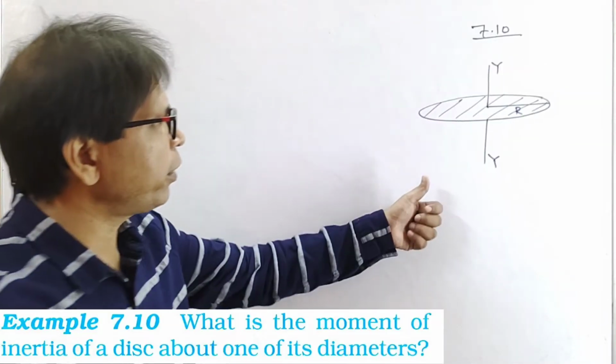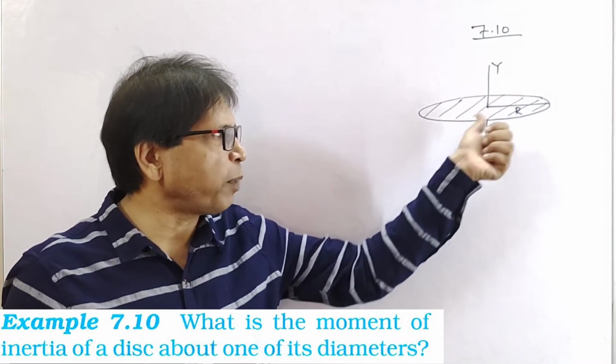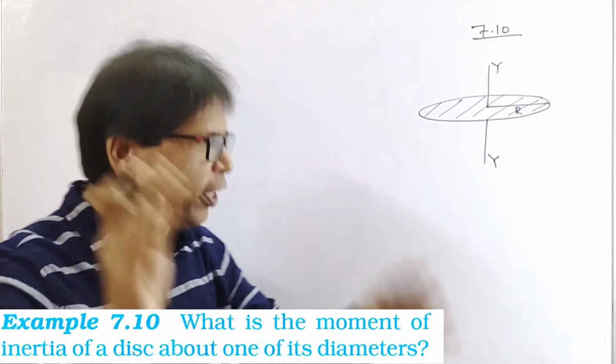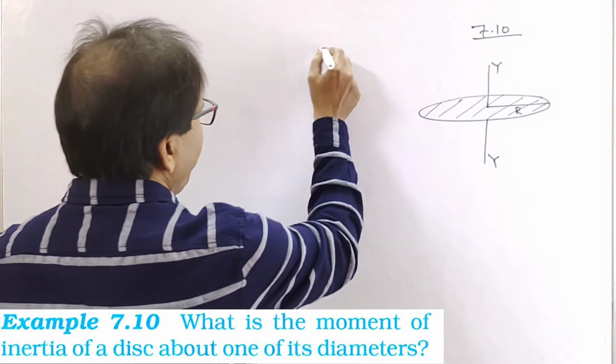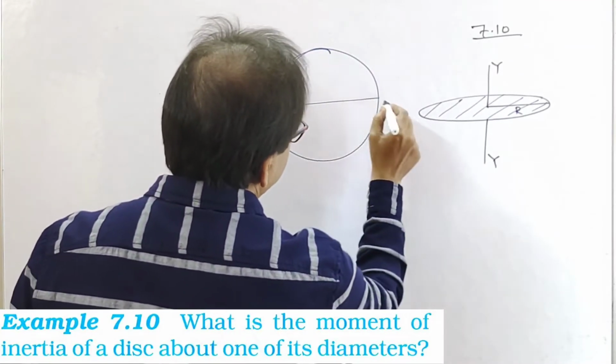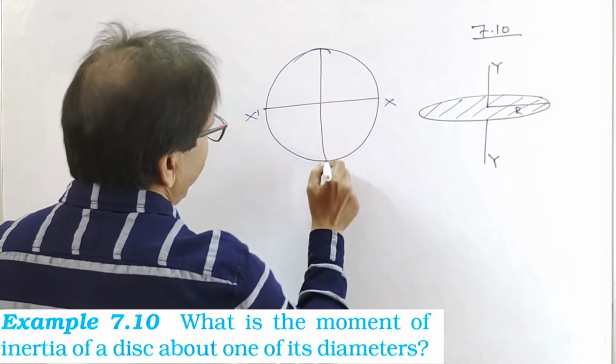Look at this. The moment of inertia of a disk about an axis passing through the center and normal to the plane is given. We have to calculate the moment of inertia about the diameter. Suppose this is the x dash and this is the y dash.